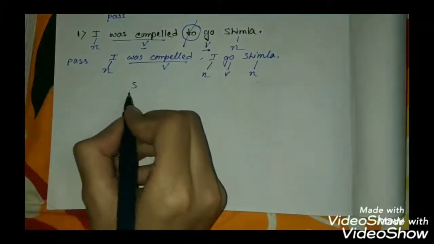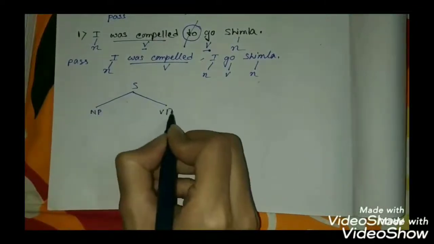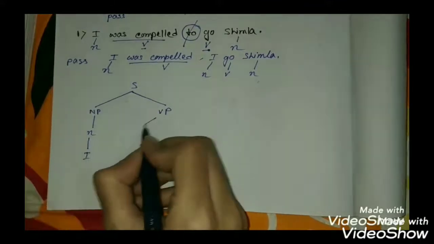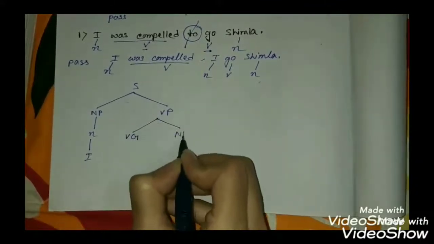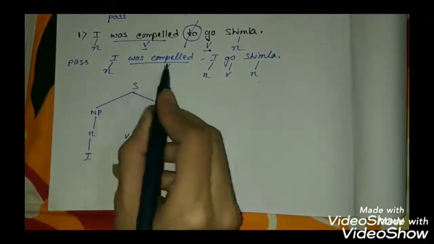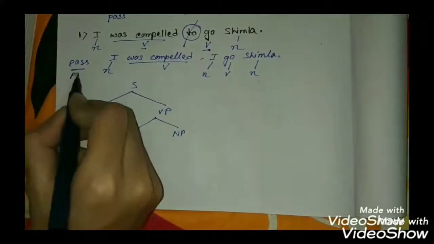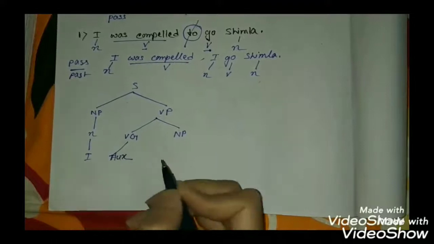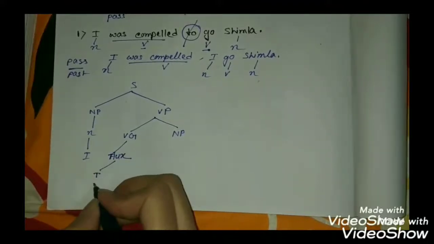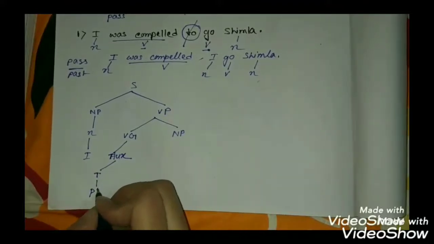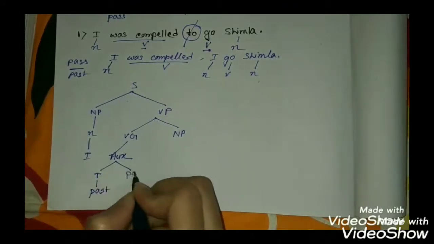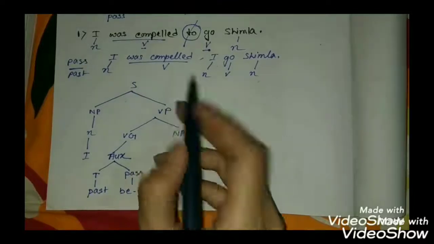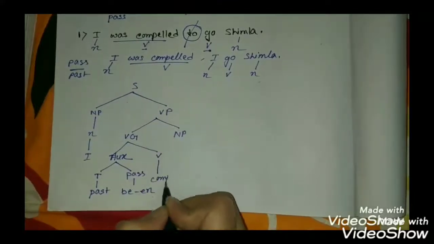So from S to NP, VP, now I is noun, so VG, NP. So we can see it is passive and also in past tense. So from VG to auxiliary, then tense is the past tense, and from auxiliary passive and BEN. Now verb is compel, so from VG verb compel.